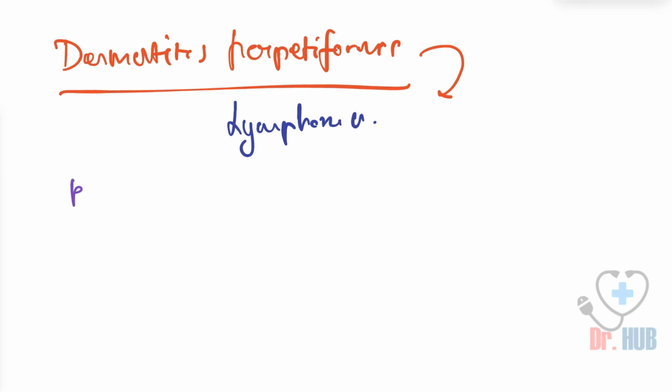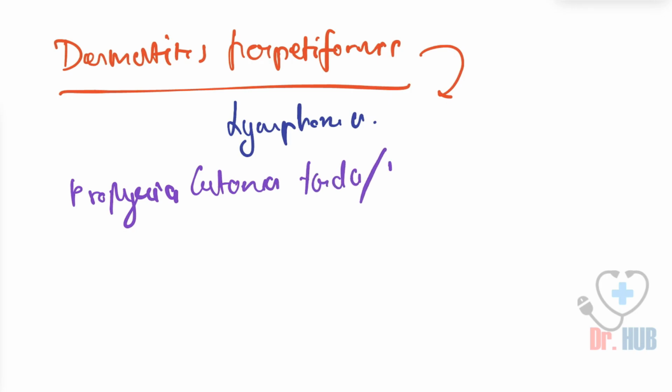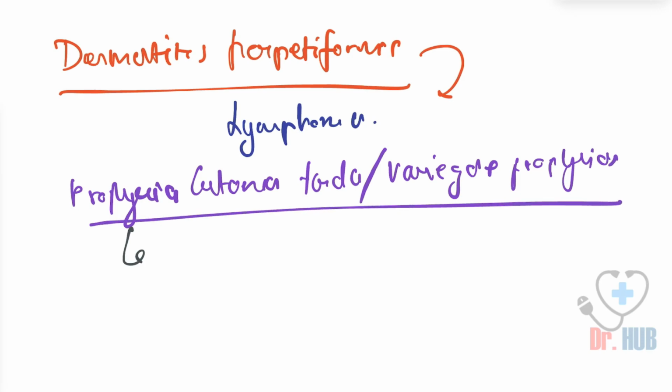Now we are looking at porphyria cutanea tarda or variegate porphyrias. All these go with hepatocellular carcinoma, that is HCC.